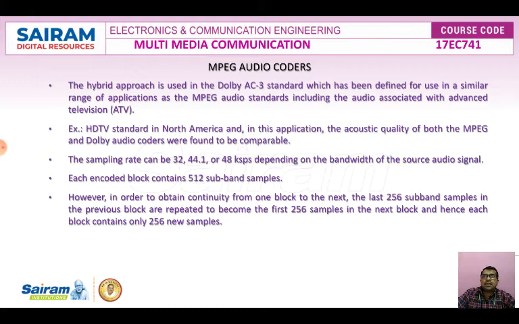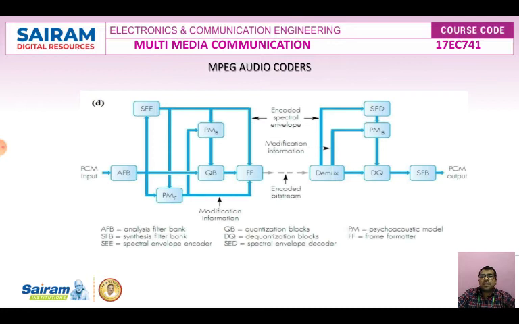AFB is nothing but the analysis filter bank, SFB is the synthesis filter bank, PMF is a psychoacoustic model, FF is a frame formatter, DQ is a dequantization block, QB is the quantization block, and there are spectral envelope decoder and encoder. So this is the encoder and this is the decoder.